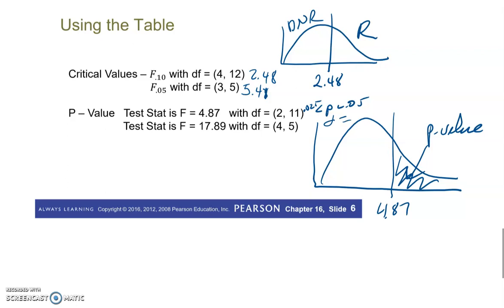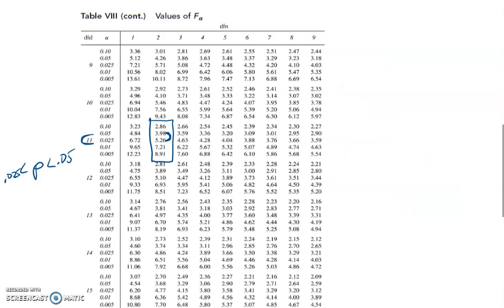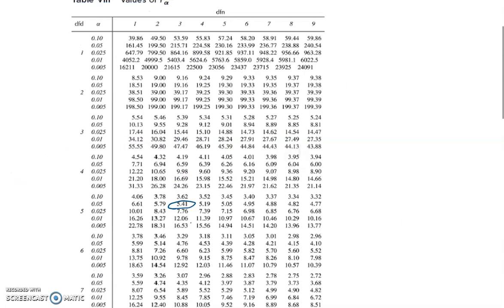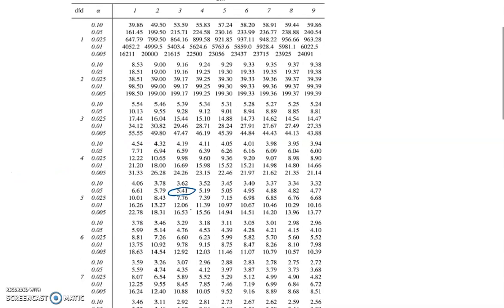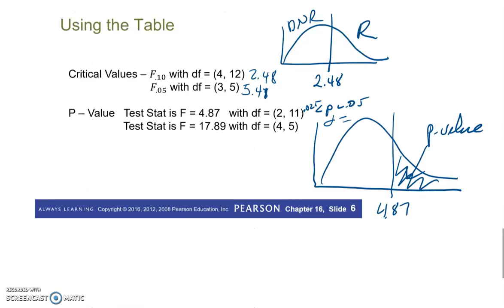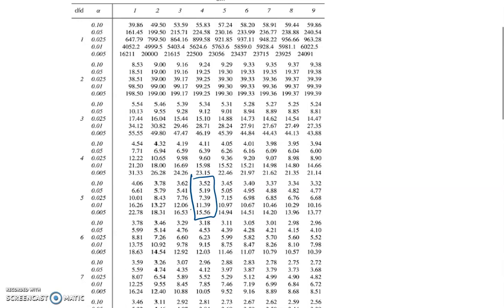We have a test statistic of 17.89. Degrees of freedom 4, 5. Go to your table. We have degrees of freedom 4, 5, so that's 4. Let's go down to degrees. Denominator is 5. This block of data, and our test stat was 17, which is clearly larger than the largest number in this block of information.